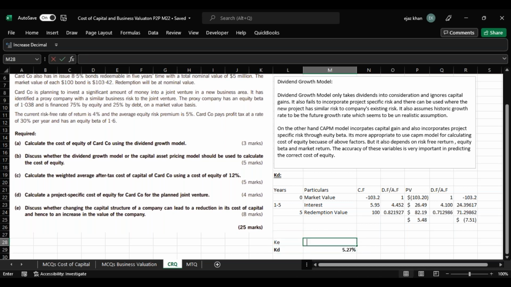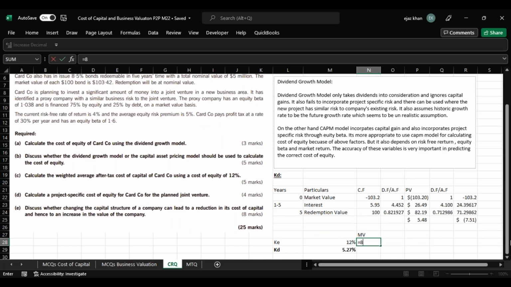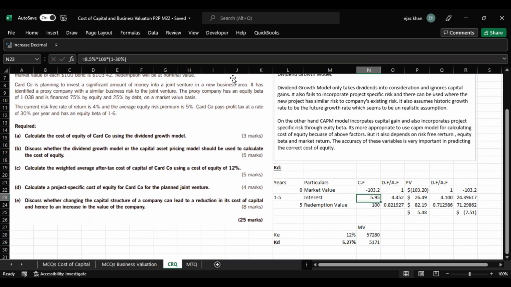The cost of equity is 12%, and now we need to get the market values. Shares are 8 million shares at the rate of 7.16; 8 million shares into 7.16 is the total market value of equity. And for the bonds, 5 million nominal value, 5 million divided by 100, into the market value, which is 103.42.